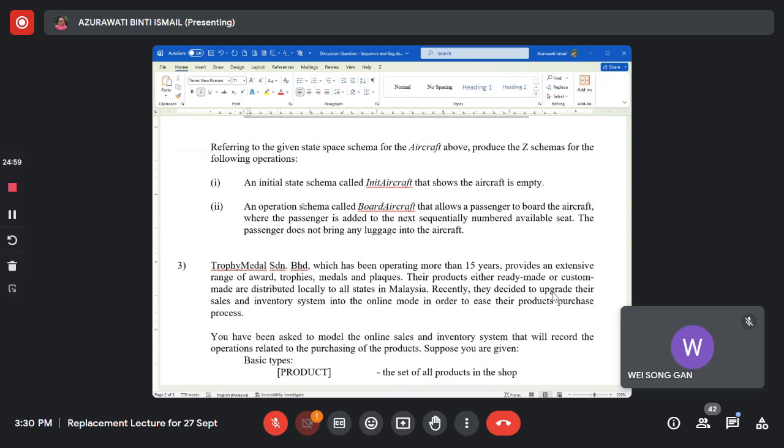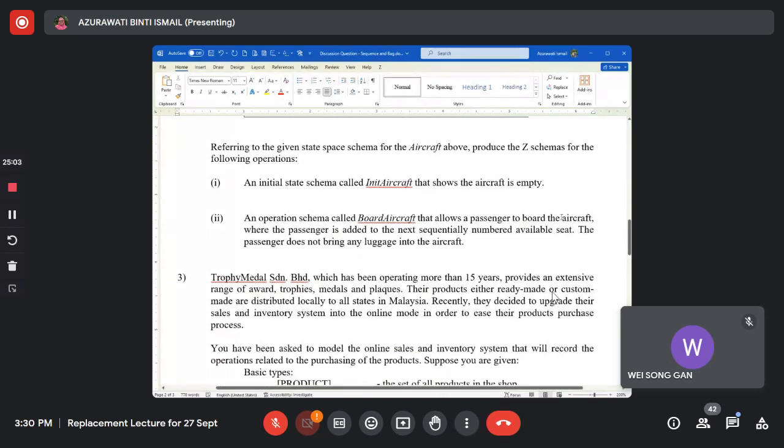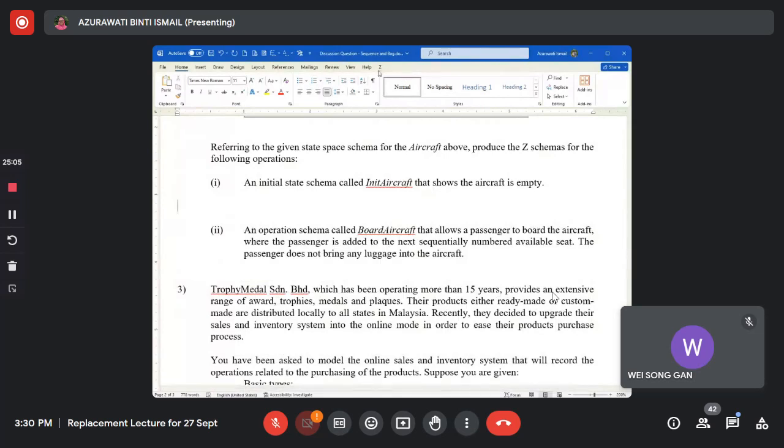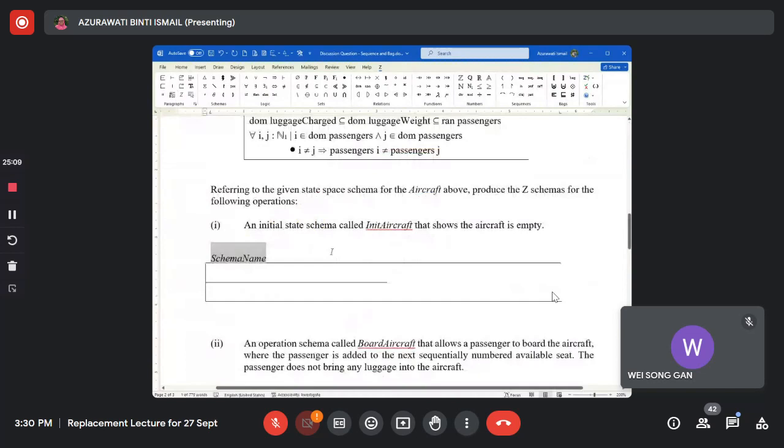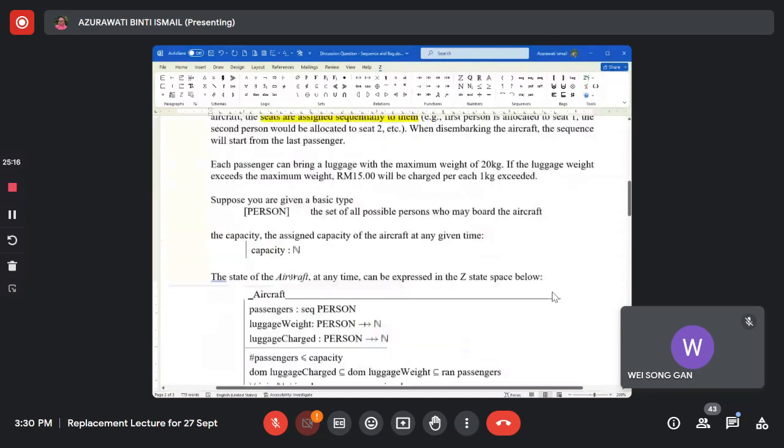For this one, if you have to do the aircraft, since this is a partial question, you have the init aircraft operation. Maybe we can add some question here.